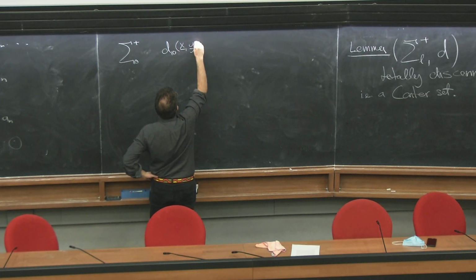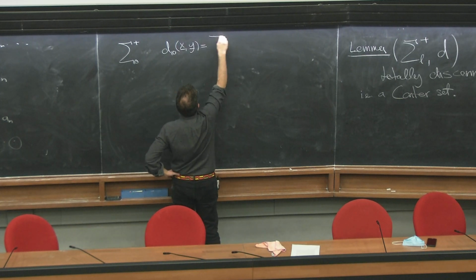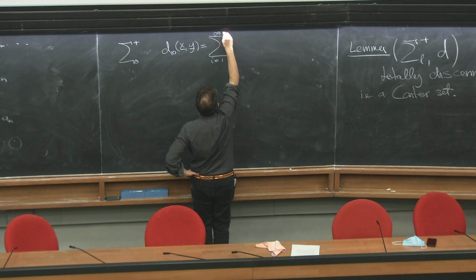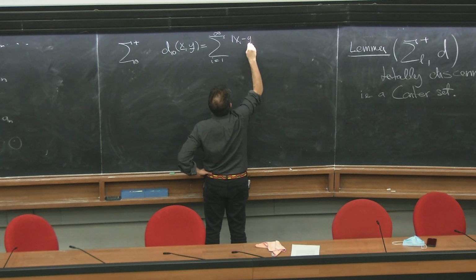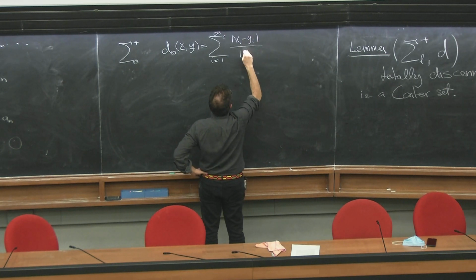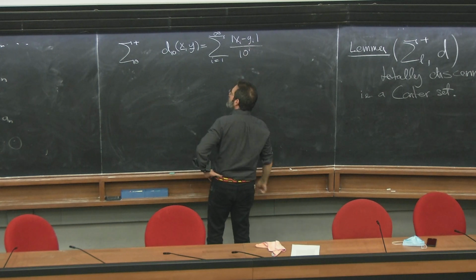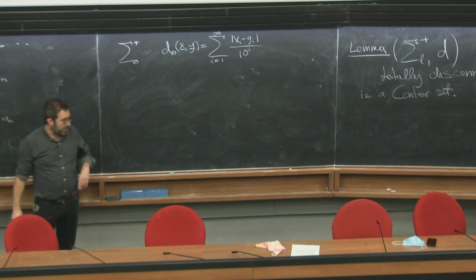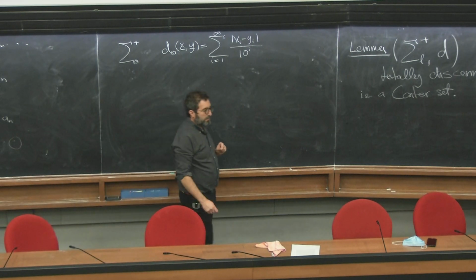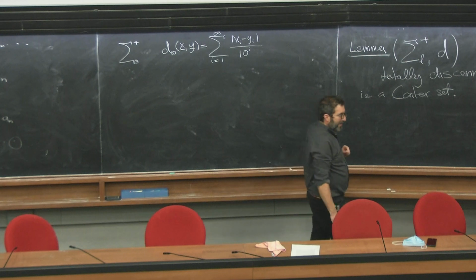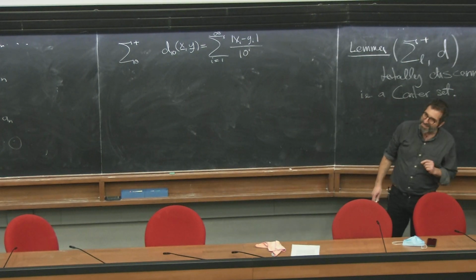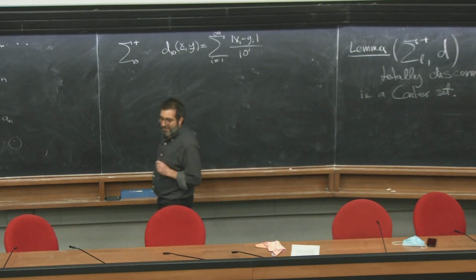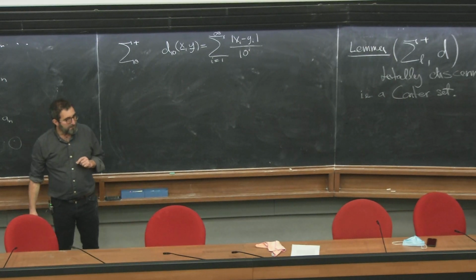Let's take this metric to be the sum, i equals 1 to infinity, of (xi minus yi) over 10 to the i. So Eunice, the point you brought up is interesting, because the question is: is this the Euclidean metric on the interval or not?